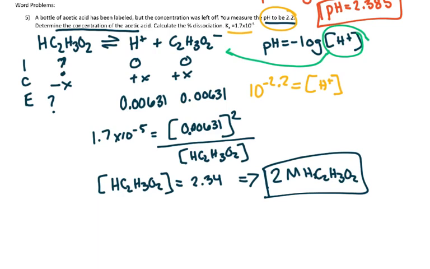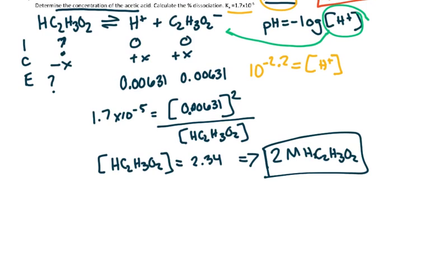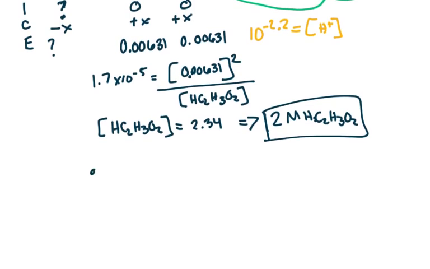Now it does ask me for a second thing. It asks me for the percent dissociation. So how we find percent dissociation is a fairly straightforward formula as well. So my percent dissociation is the hydronium ion concentration, so I'm just going to write H plus up here, over the acid.